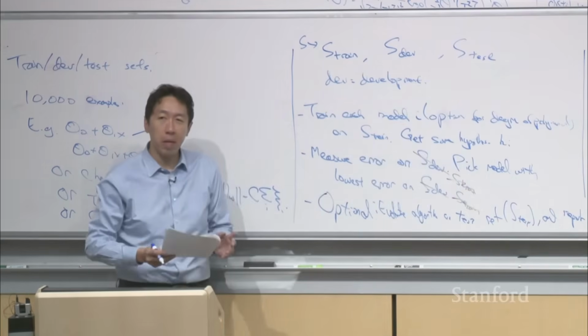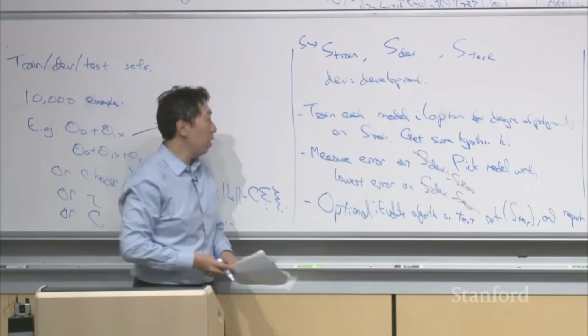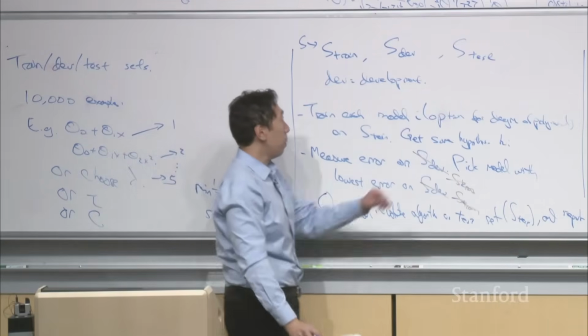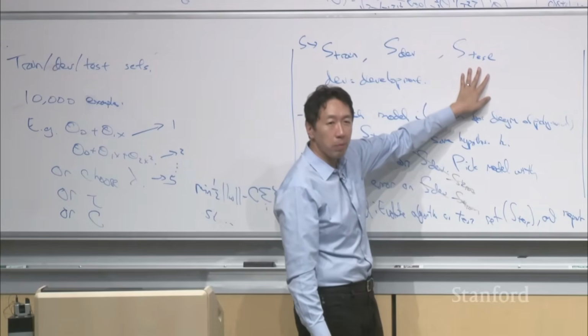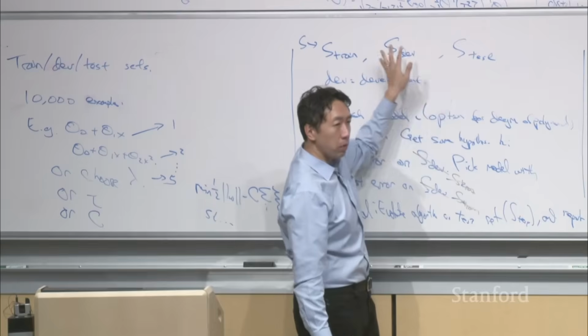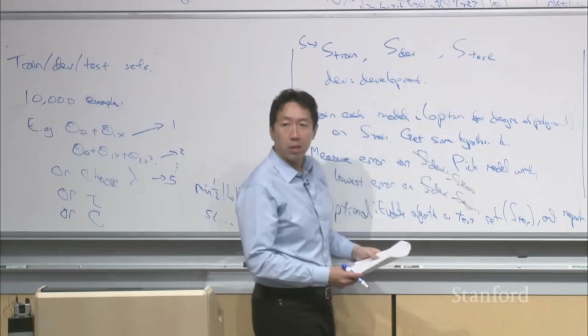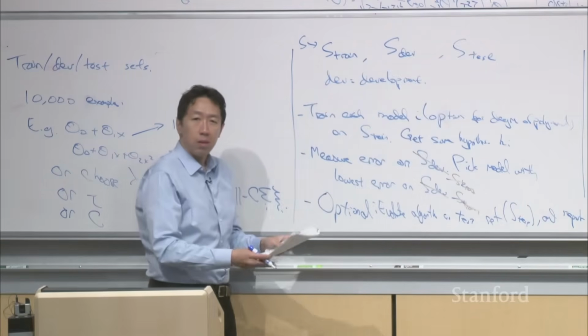It becomes considered good hygiene to report the error on a completely separate test set that you did not in any way, shape, or form look at during the development of your model, during the training procedure. Okay, does that make sense?